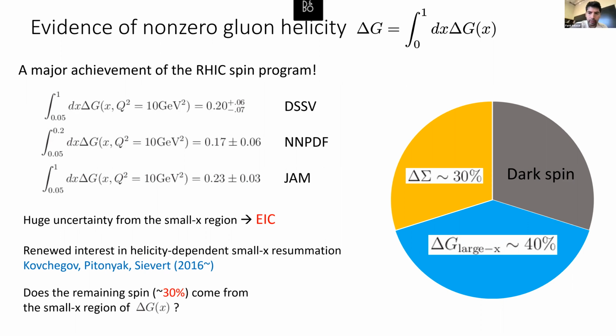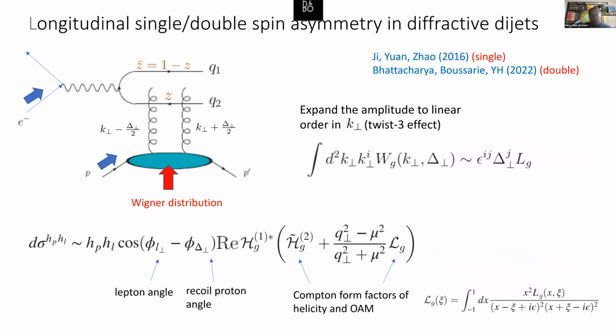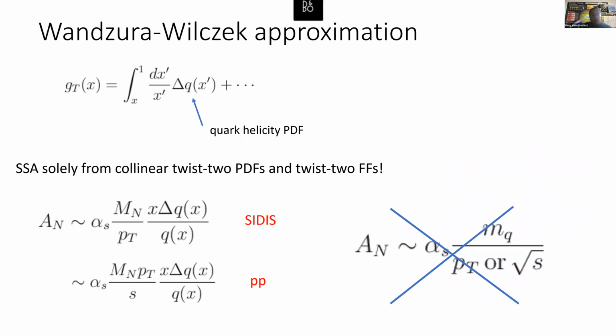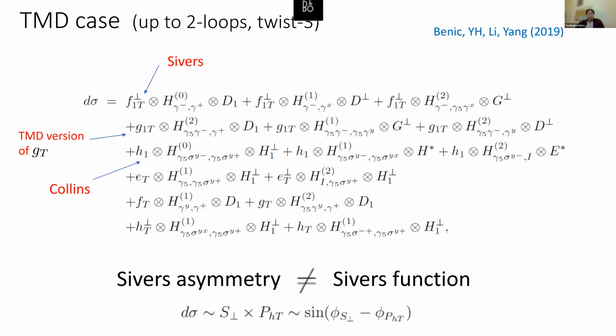Thanks, Shunling. Now, Feng Yuan, do you have a question? Please go ahead. Yeah, Yoshi, very nice talk. Can you go back to the Sivers effect? I think you have summarized slides there. Like this? Yeah.